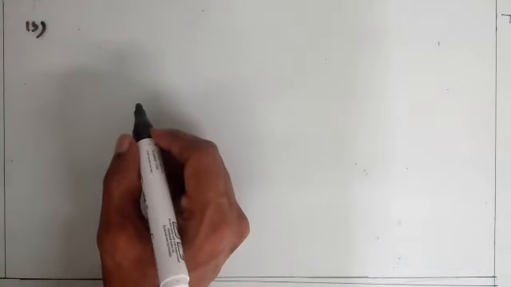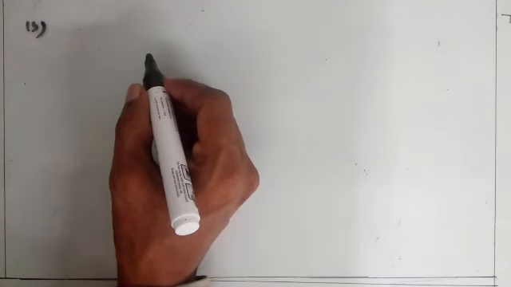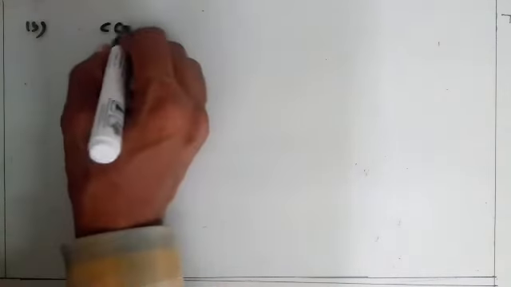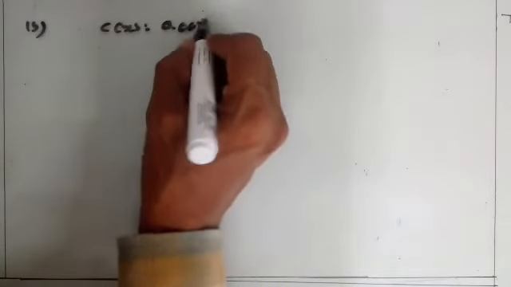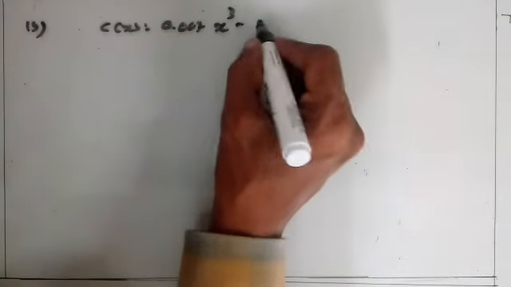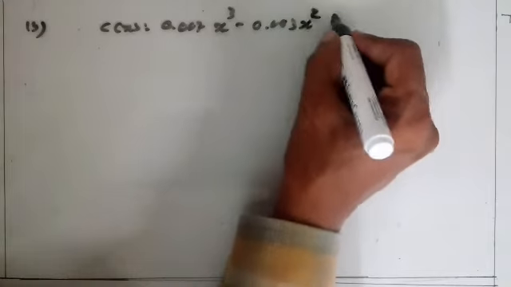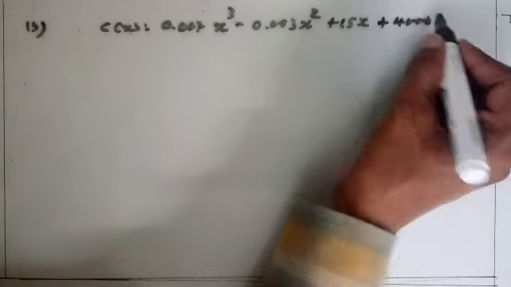Next question, number 15. The total cost C(x) in rupees associated with the production of x units of an item is given by C(x) is equal to 0.007 x raised to 3 minus 0.003 x square plus 15x plus 400.